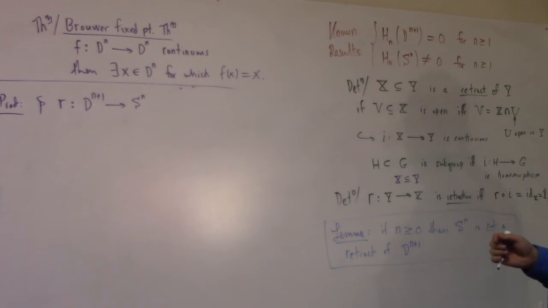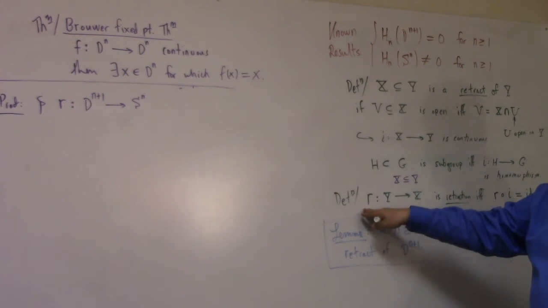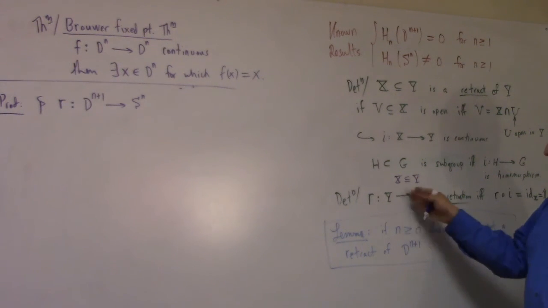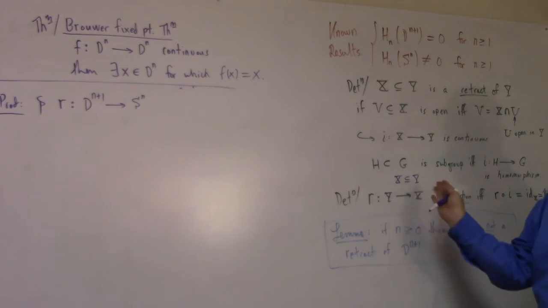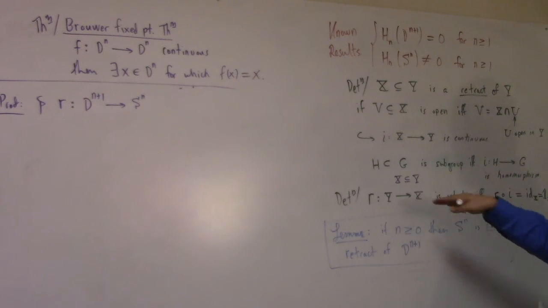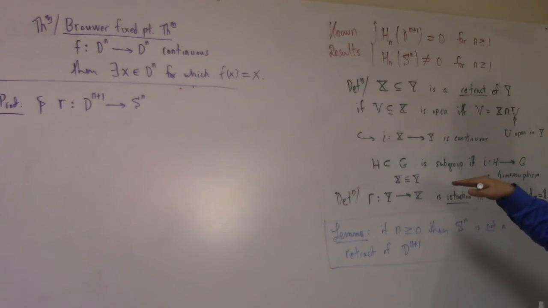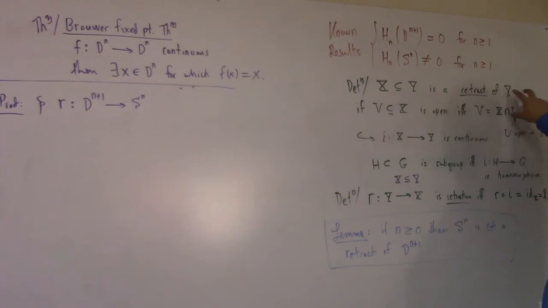Does X have to be a retract of Y for the definition of a retraction? I mean, the existence of this R makes X a retract, is the point. I do think that you need X to be a subset of Y as a precondition of this definition. But I think from this data, it follows that X is a retract. In other words, it's an equivalent statement to this up here, if I remember right.